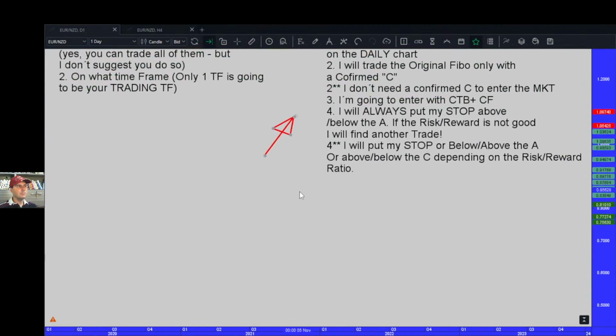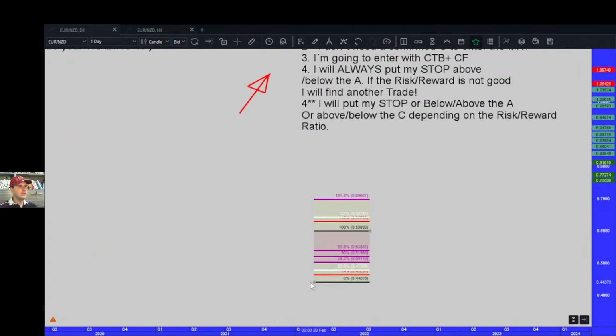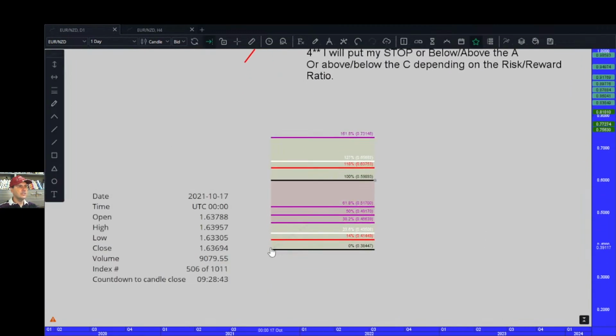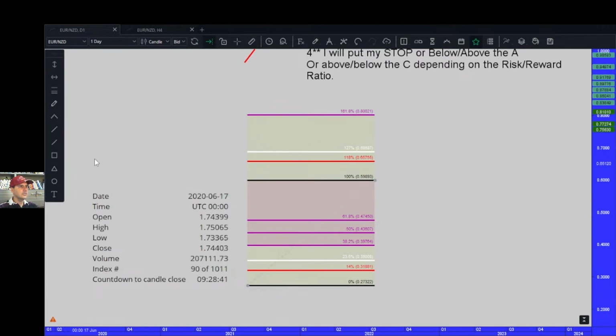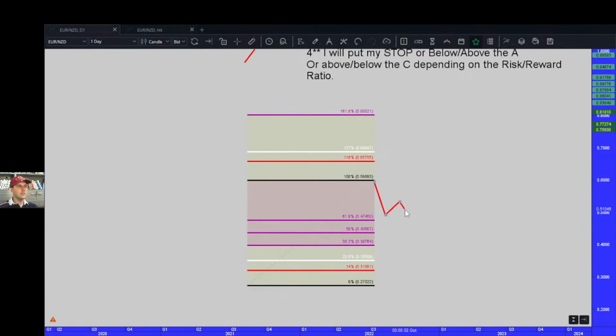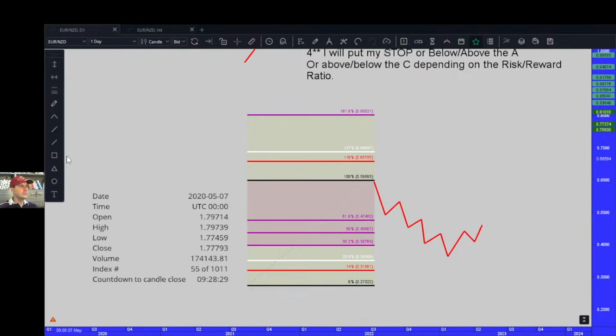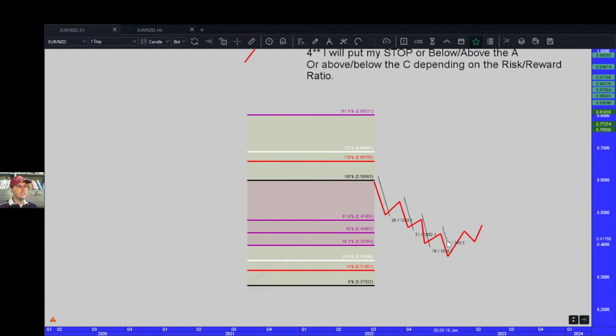So sometimes the Fibonacci is going to be like this, and this is the market, lower lows, lower highs, lower lows, lower highs, lower lows, lower highs, lower lows. So this would be the counter trendline break with candlestick formations, or this, or this, just an example.